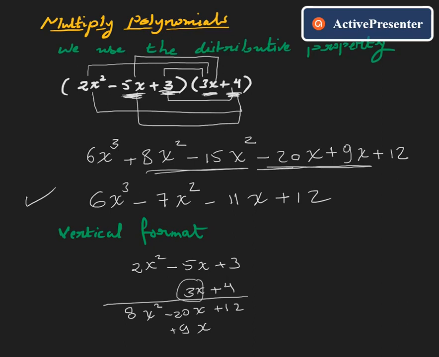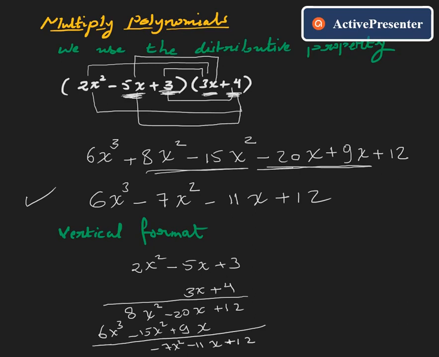And 3x multiplied in minus 5x is minus 15x squared, and 3x multiplied in 2x squared is 6x cubed. When you add these two polynomials, 12 minus 20x plus 9x is minus 11x, of course here is plus, and 8x squared minus 15x squared is minus 7x squared.